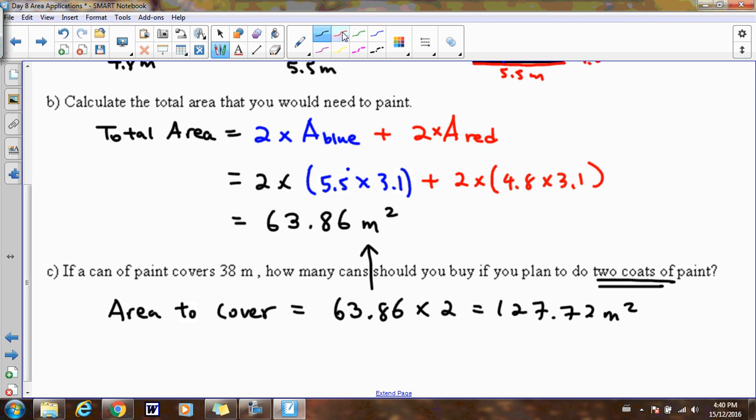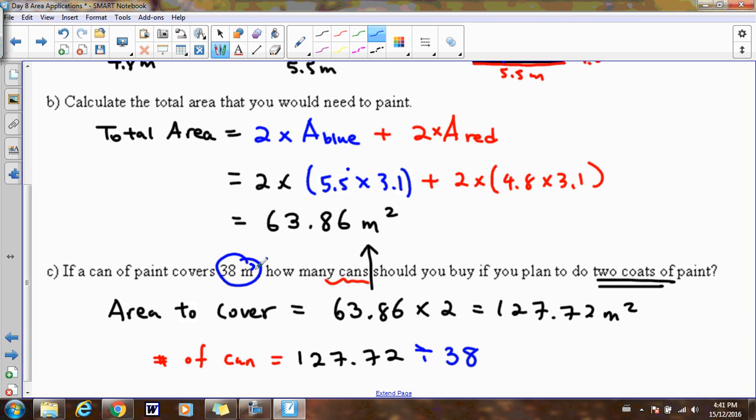Okay. Now, we want to figure out how many cans we actually need. The number of cans of paint required would be the total area that needs to be covered, which is 127.72 meters, divided by the amount of area that one can actually cover.